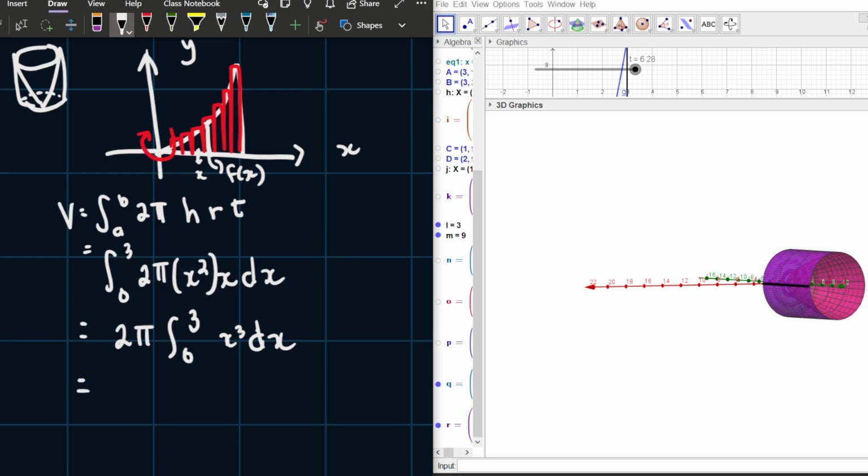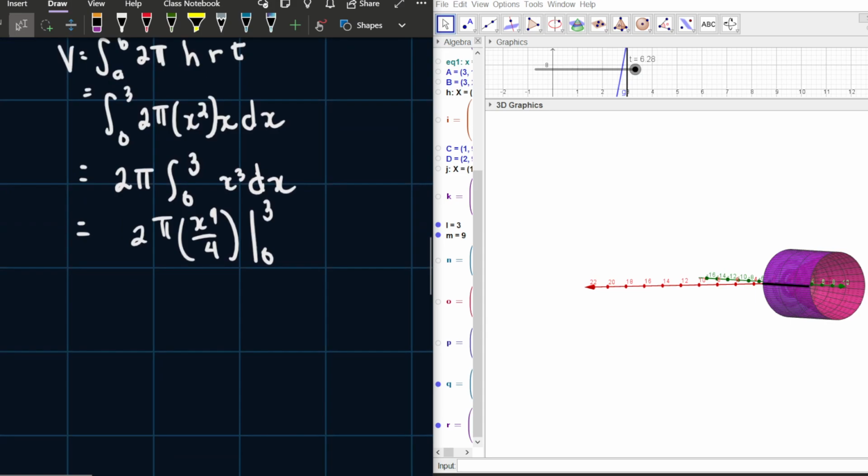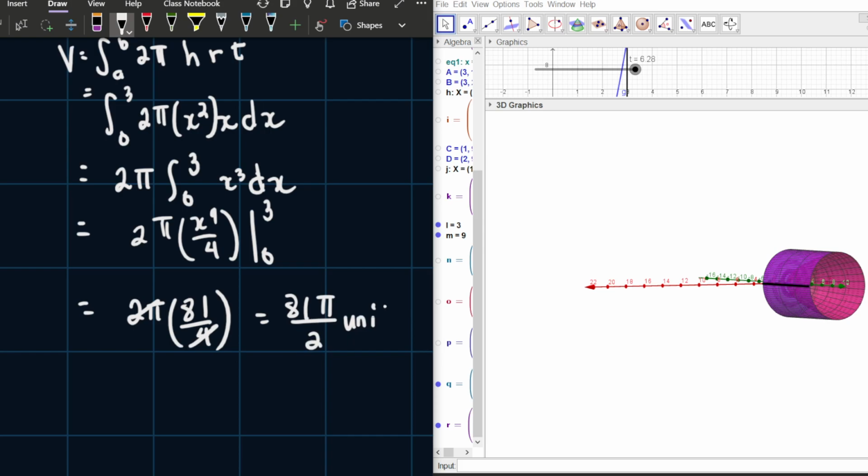Okay, and then perform FTC2. So, we have 2 pi x to the 4th over 4 evaluated from 0 to 3. Now, we can just evaluate this as at x equals 3 kasi at x equals 0, magzi-zero naman yan. So, 2 pi, 81 over 4, simplify. So, we have 81 pi over 2 cubic units.